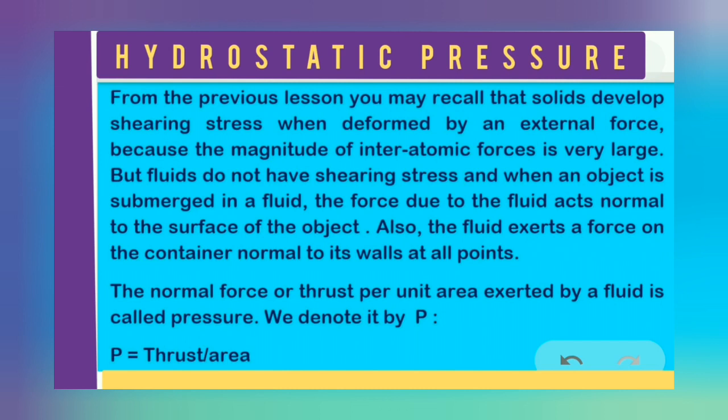Also, the fluid exerts a force on the container normal to its walls and at all points. The normal force or thrust per unit area exerted by a fluid is called pressure. We denote it by P, and P is equal to thrust upon area.